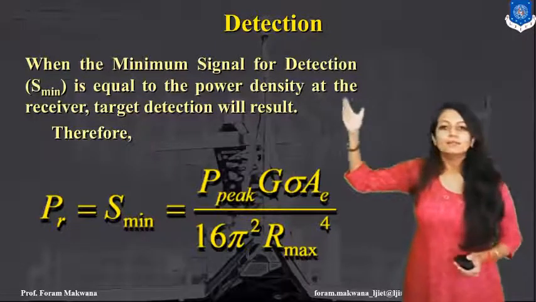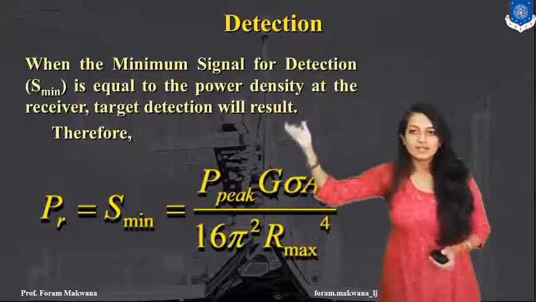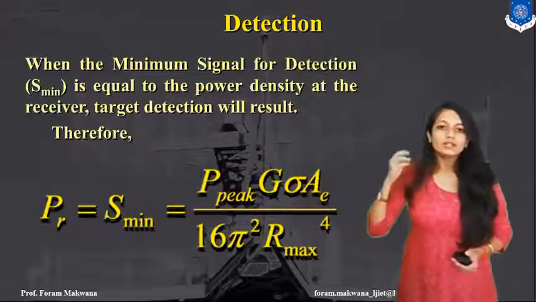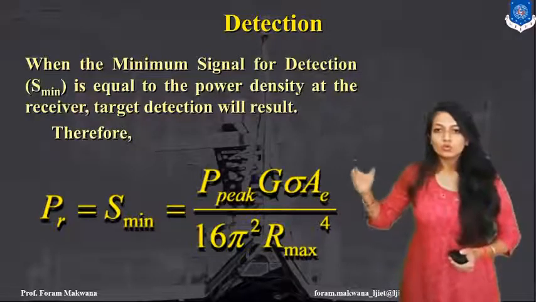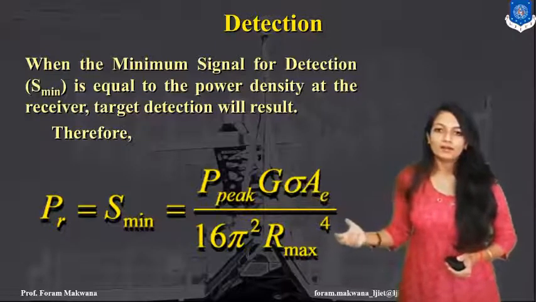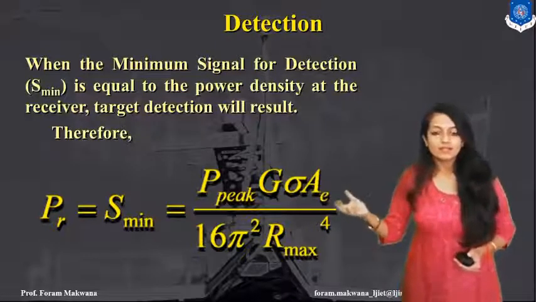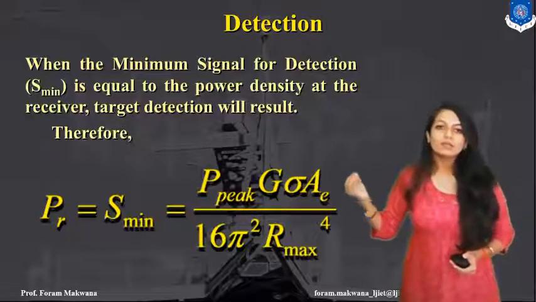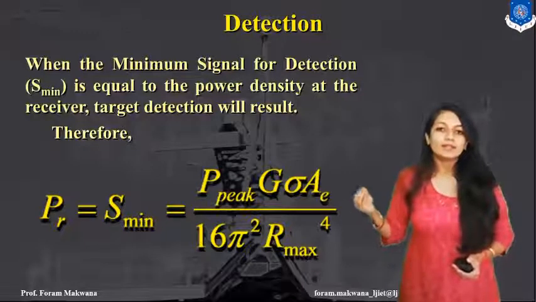When the minimum signal for detection is equal to the power density at the receiver, the target will go into the detector. So the whole formula for the received power can be the minimum power required to detect any target.